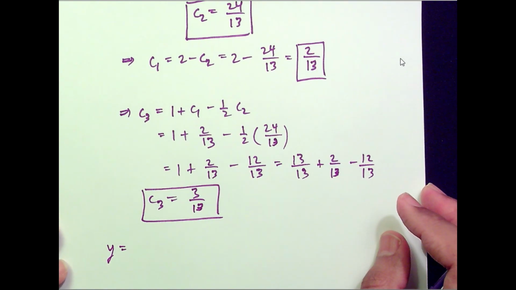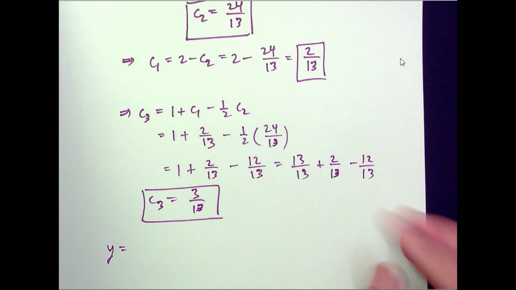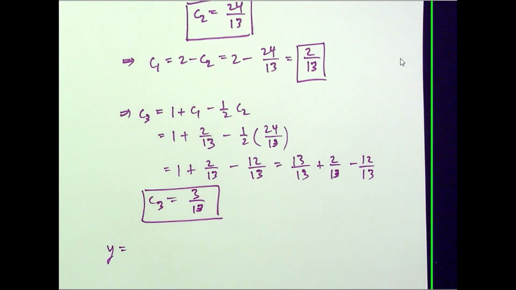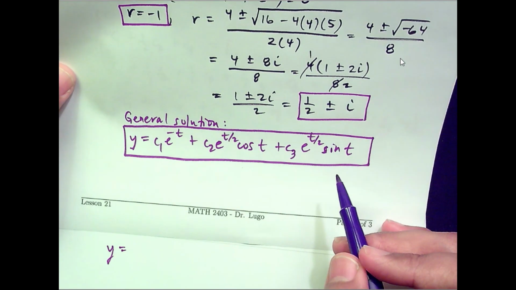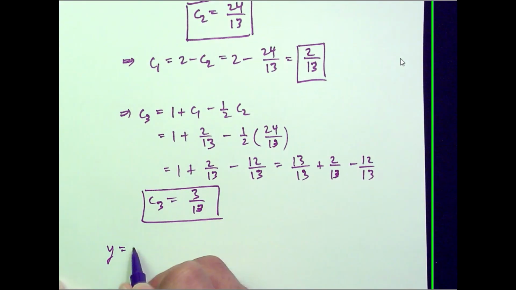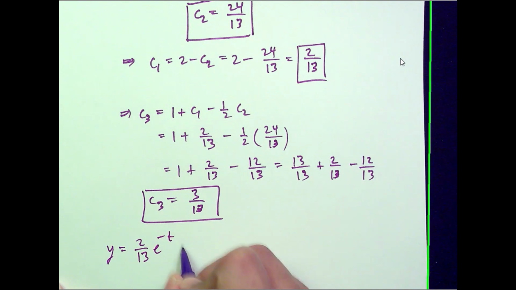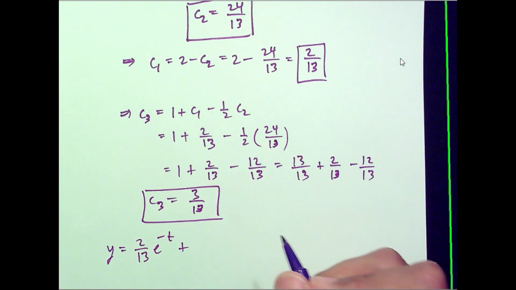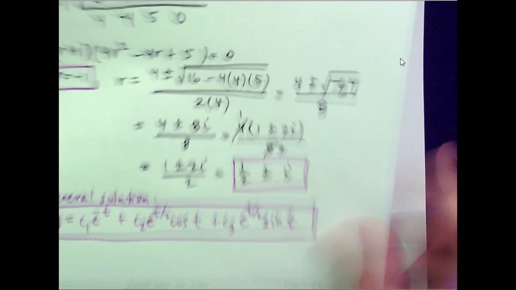Okay, so y is going to be this. But now we know C1, C2, and C3. C1 is 2 over 13. That's the C1 right there. e to the negative t plus C2. Where is C2?